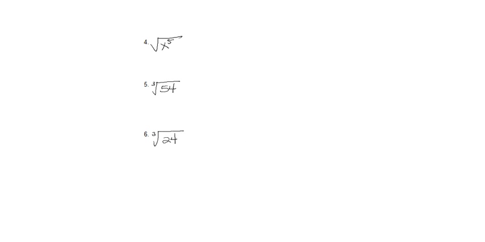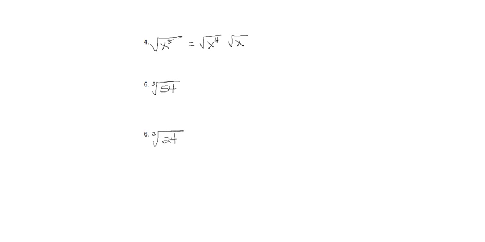On to a few more examples. Number 4, we're dealing with a variable. We have x to the 5th power. We want the square root of that. Since we're dealing with a square root, we want an even exponent. So we can break this up into the square root of x to the 4th and the square root of x.